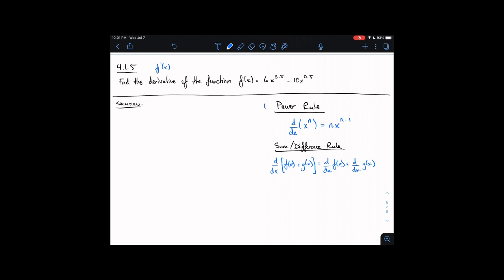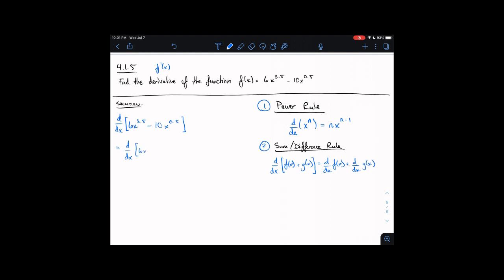So let's call this 1. Let's call this 2. So we have the derivative of 6x to the 3.5 minus 10x to the 0.5. This is going to be equal to, now I'm going to use rule 2.